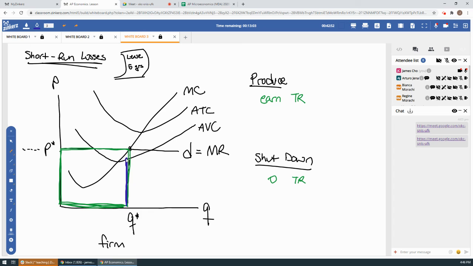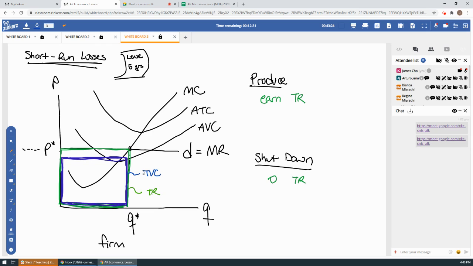And what happens if I multiply average variable cost times quantity? It gives you variable cost. Good. AVC times Q is total variable cost. So this green one was total revenue. This blue one is going to be total variable cost. So if I decide to produce, I'm earning some money.